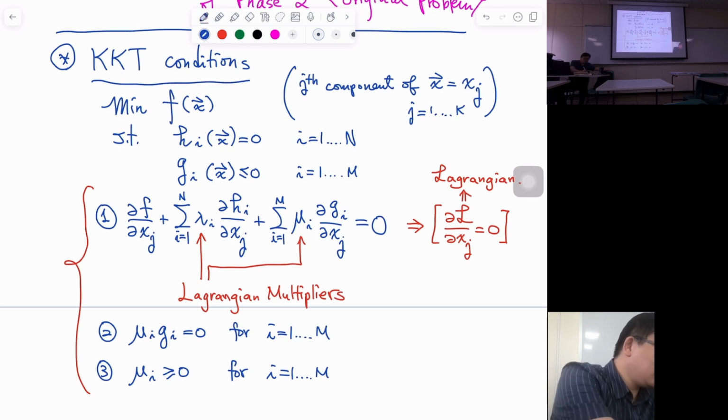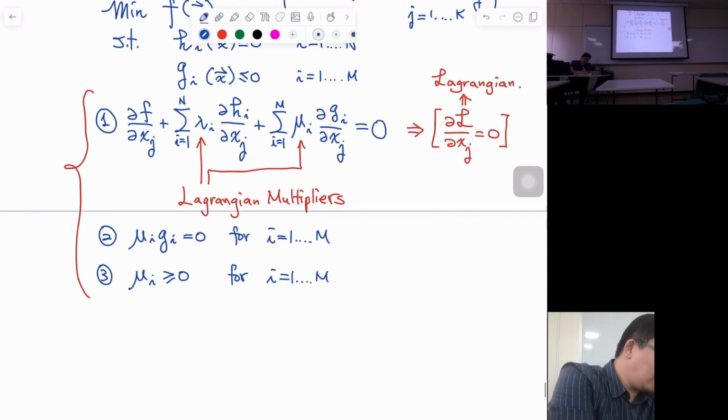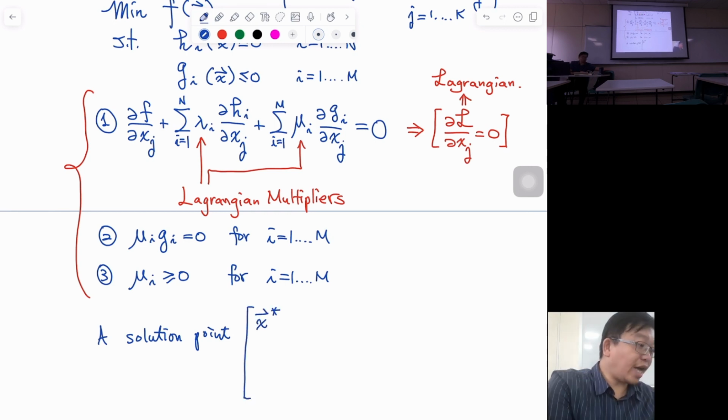So a solution point, including all the x and actually all the lambdas and all the mu's. So lambda and mu now become new variables.